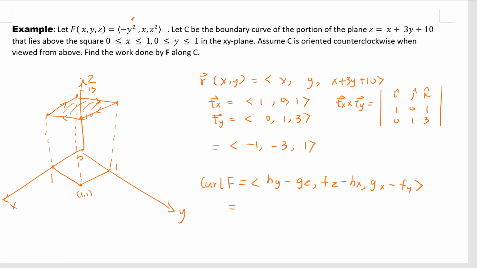So this is F, G, and H, right? h_y is 0. g_z is 0. f_z is 0. h_x is 0. g_x is 1. f_y, oh, f_y is minus 2y. So far so good. So this is just 1 plus 2y.